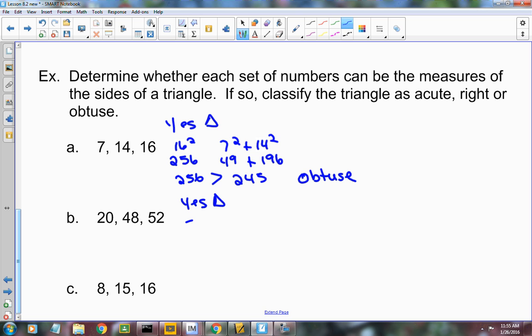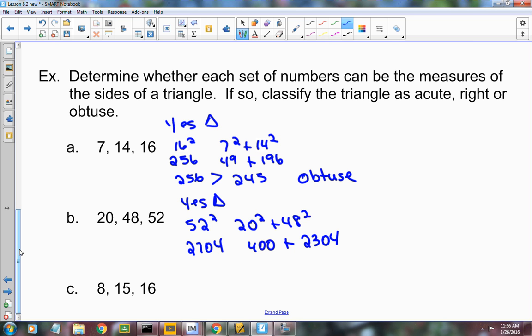And so then we would take the longest side, 52 squared, and compare it with 20 squared plus 48 squared. Well, 52 squared is 2704. 20 squared is 400, and 48 squared is 2304.